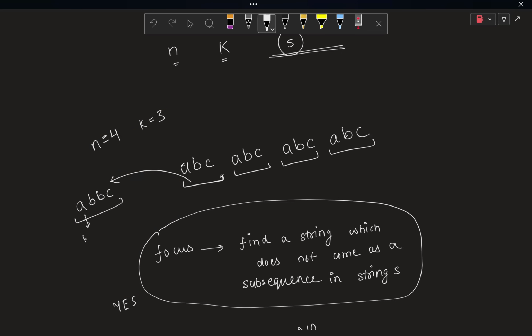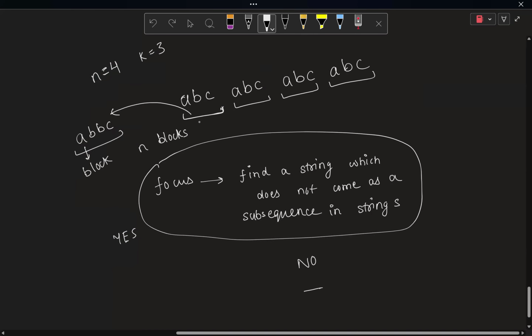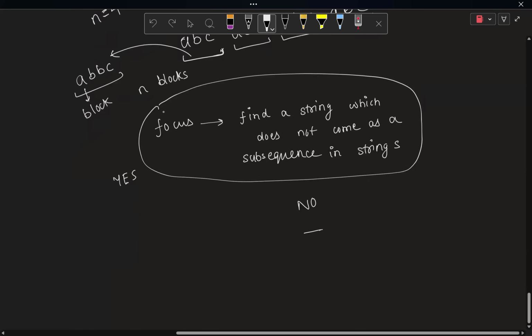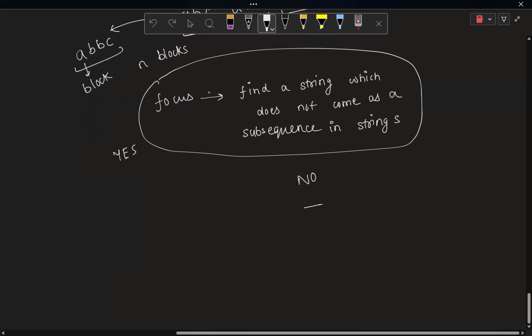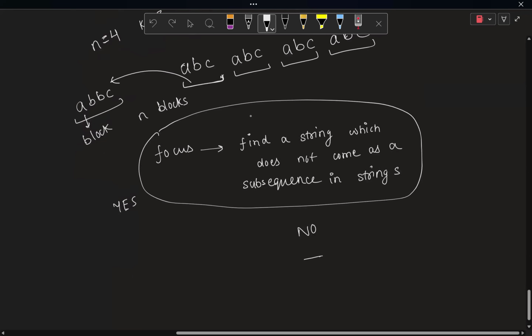If I say this thing as a block, and there are n blocks in the given string, in that case, it would always be possible to create all such strings of length n having the first k alphabets. This thing would always be possible. And actually, we saw this thing in problem A also.